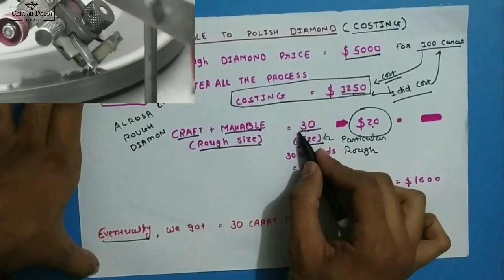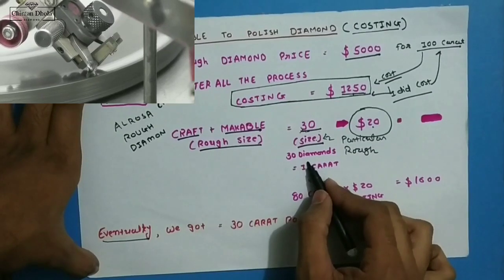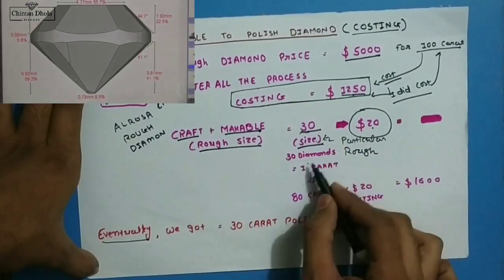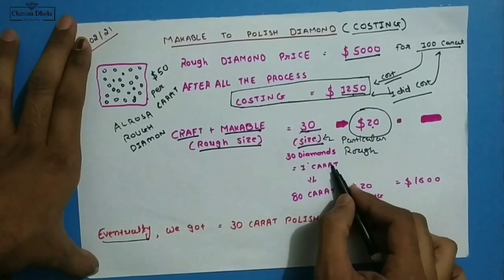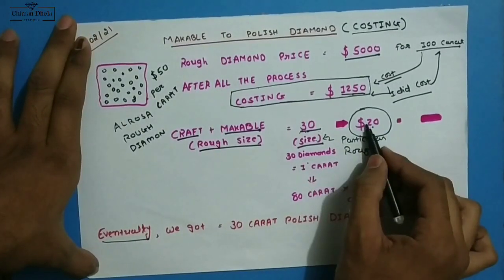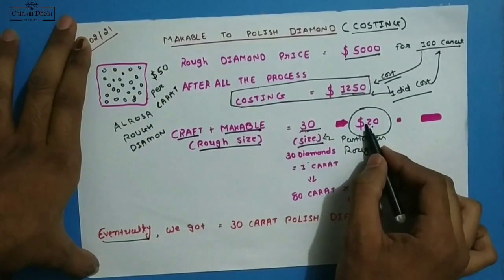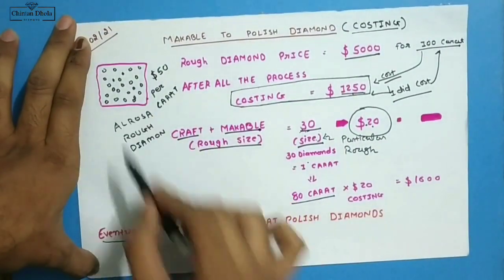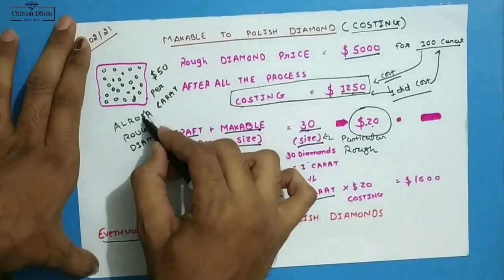For example, what is the 30 size? 30 diamonds in a particular 1 carat. For 1 carat we have to pay $20.